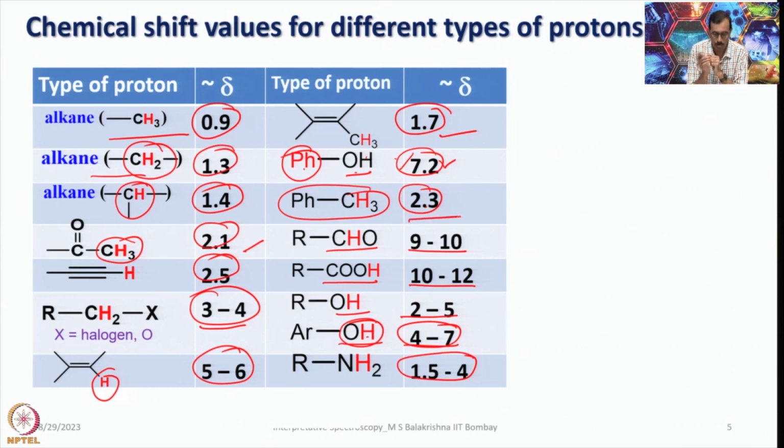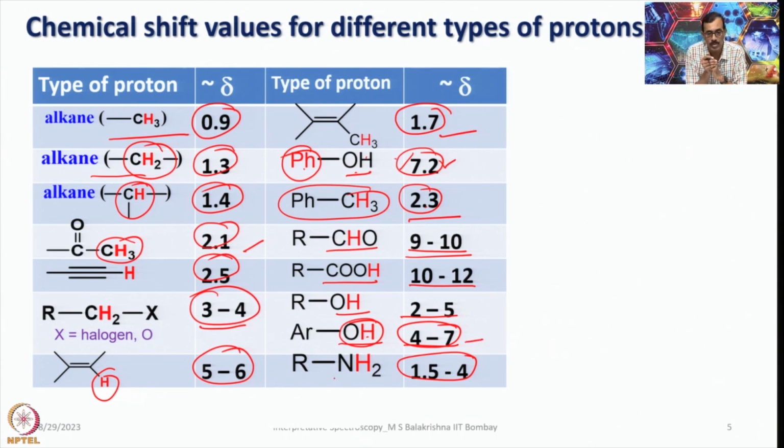Aldehydic hydrogen comes around 9 to 10, and acidic carboxylic acid H comes around 10 to 12 ppm. In alkyl alcohols the OH group comes at 2 to 5, whereas in aromatic alcohols or phenols, it comes around 4 to 7 ppm.